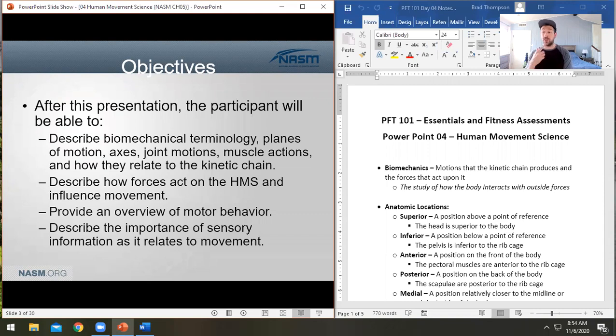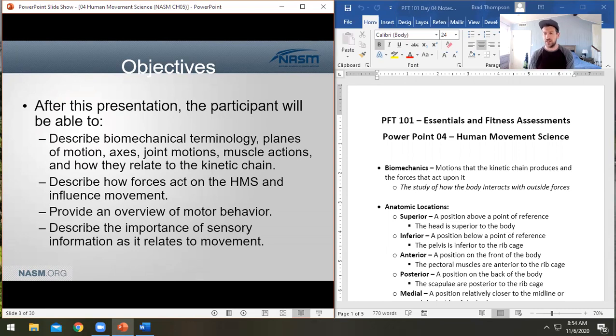If I say something and you say something, we're on the same page together. So we want to be able to describe our biomechanical terminology, our planes of motion, joint actions, muscle actions, things like that. We also want to describe how certain influences act on the human movement system.